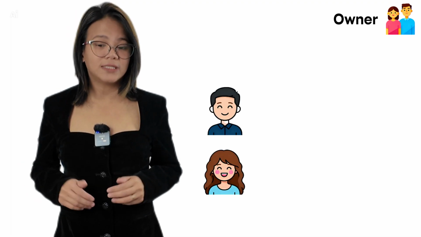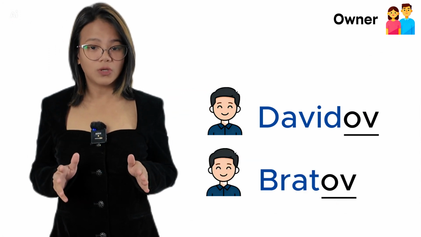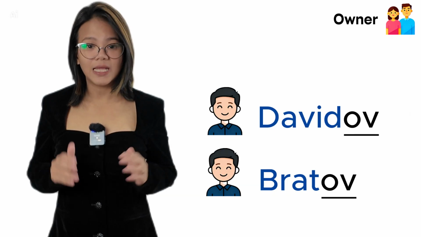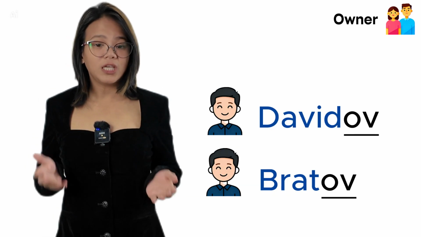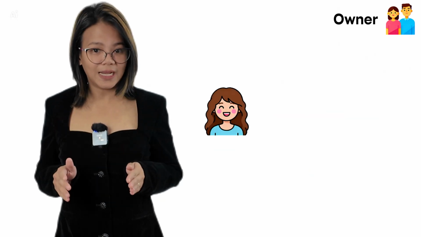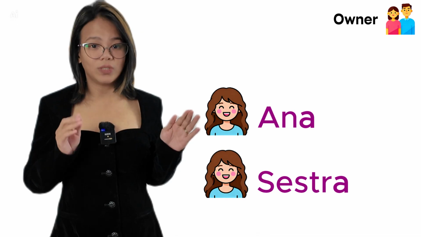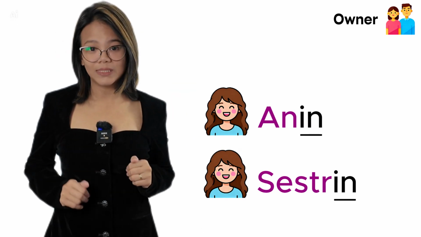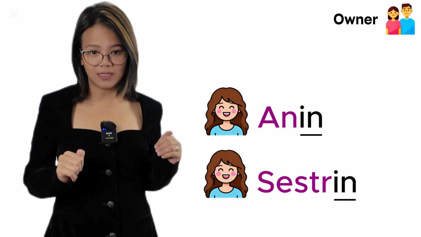If the owner is masculine like David or brat, you add ov. So, David becomes Davidov and brat becomes Bratov. If the owner is feminine like Anna or Sestra, the A changes to in. So, Anna becomes Anin and Sestra becomes Sestrin.